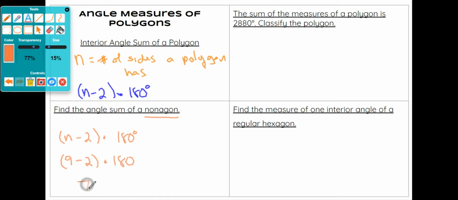Well, that's going to be 7 times 180 degrees. So 7 times 180 gives us 1260 degrees.